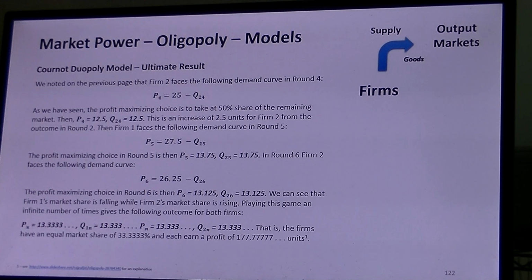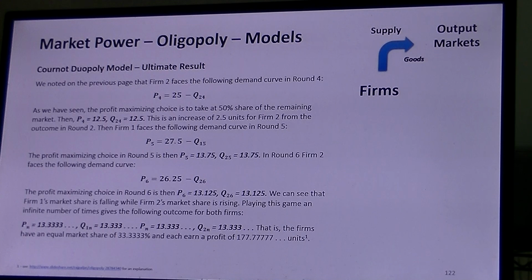The first firm is surprised. Oh, you made that move? Well, now I have the rest of the market. Well, what's my best move? I don't know what you're going to do, so I'll make my move. And then the other firm says, oh, I didn't know you were going to do that. Well, now this is the situation I face. And they keep on playing that kind of a game. As I say, it's a different game.